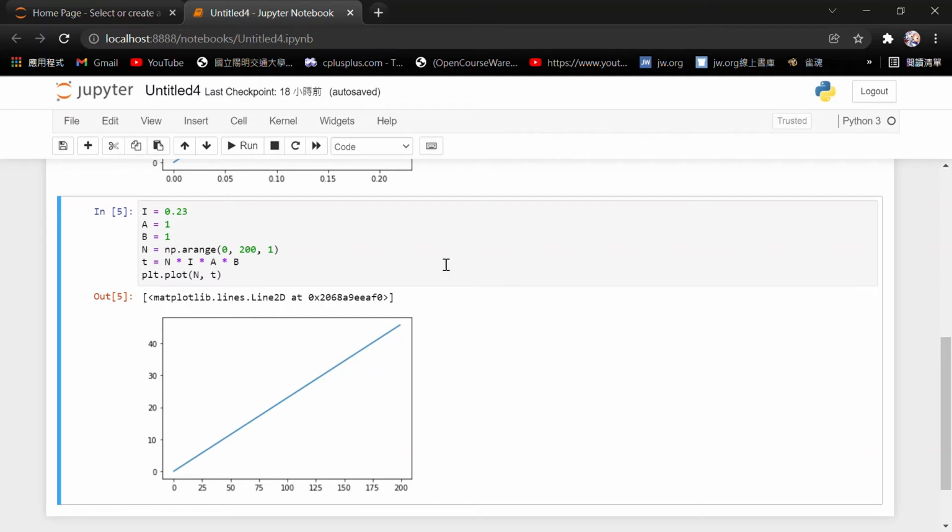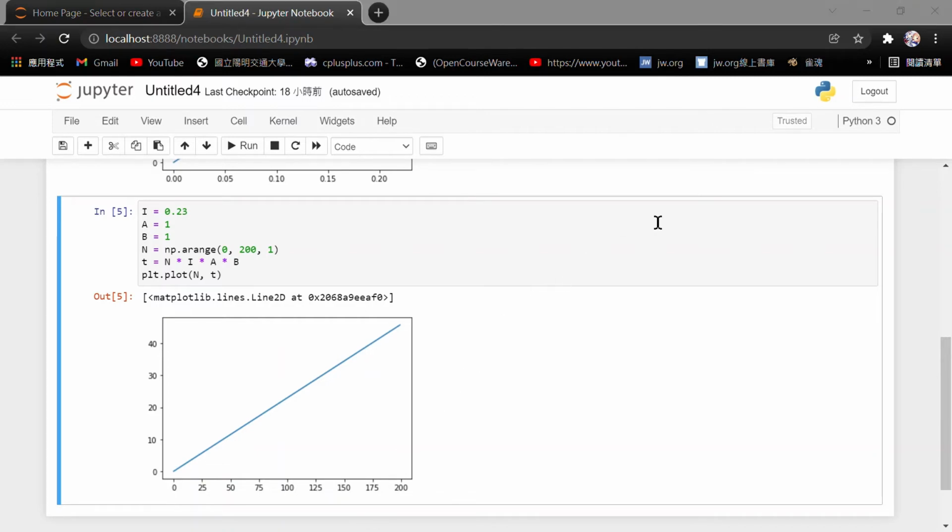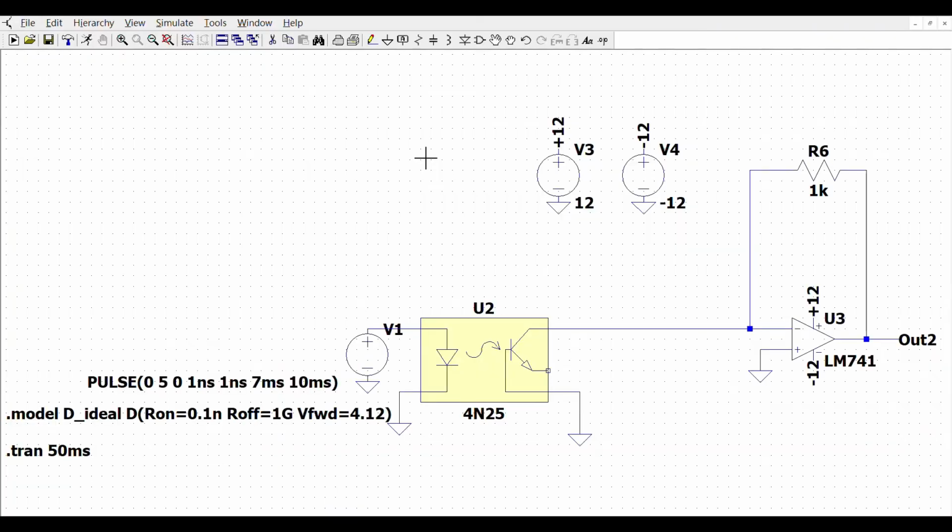Also, we use LTSpice to do simulation. This element is called optos. It includes both the laser and receiver. And this amplifier is OP741, which amplifies the signal received from the laser.